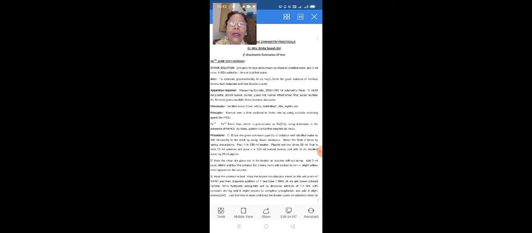So that's the apparatus we require: measuring cylinder, 250 ml, 100 ml volumetric or gravimetric flask, 10 ml, 25 ml pipette, 500 ml beaker, burner, glass rod, funnel, Whatman filter paper number 41, sintered glass crucible, oven, furnace and the desiccator. Alright, so these are the apparatus required for today's gravimetric estimation.